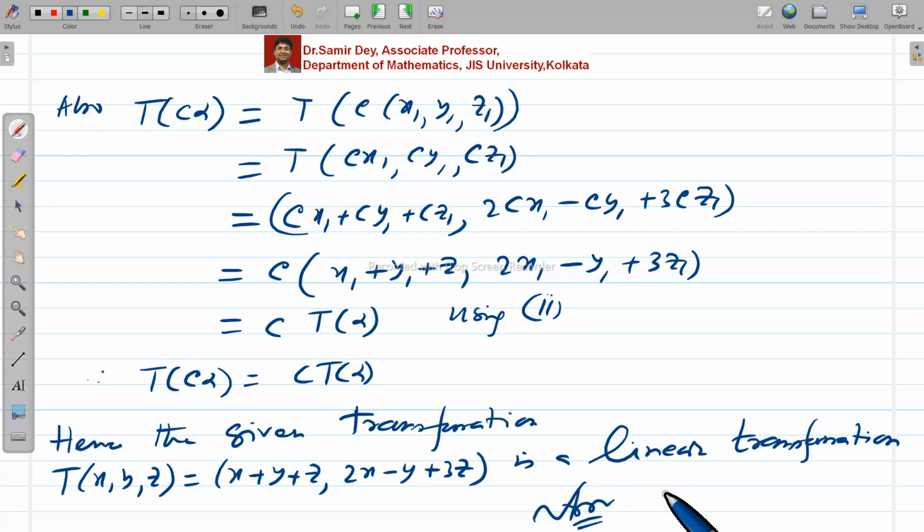Okay, so this is a proof. Very simple. Clear?